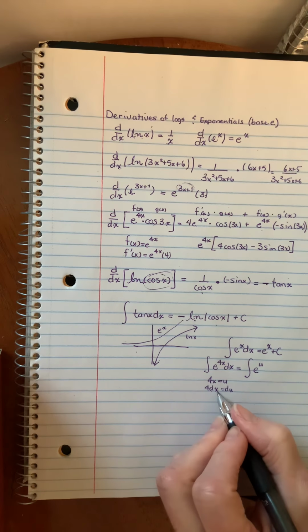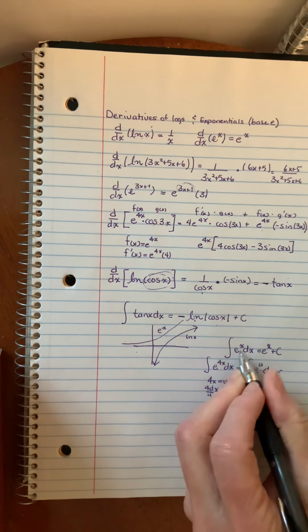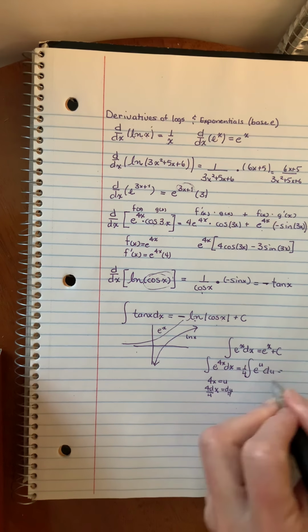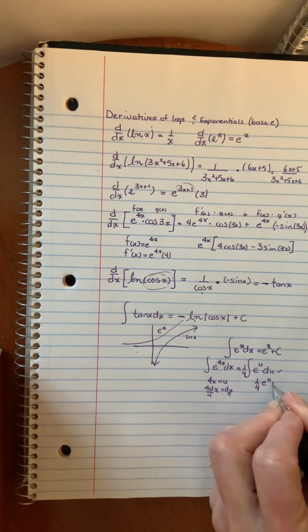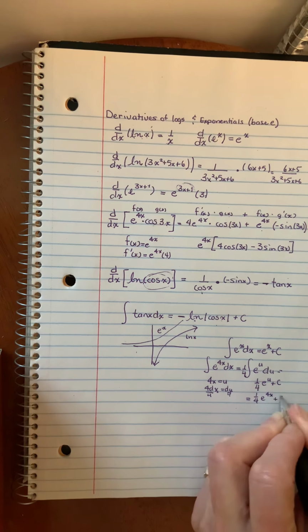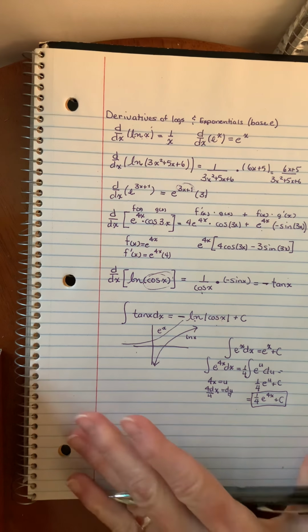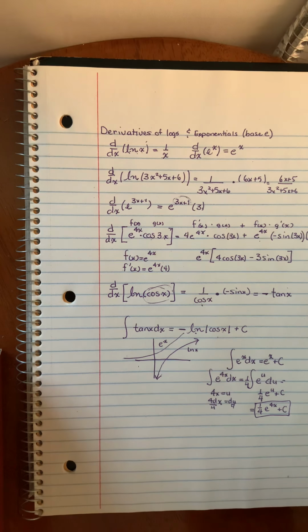Well, I've got to translate for dx, so I divide by 4, so I've got 1/4 du. Well, the integral of e to the u du is itself. So this ends up being equal to 1/4 e to the u plus c, which is 1/4 e to the 4x plus c. So there's the answer to an integral that's got a substitution in it. So there's a little bit about derivatives and integrals of exponentials and logs.